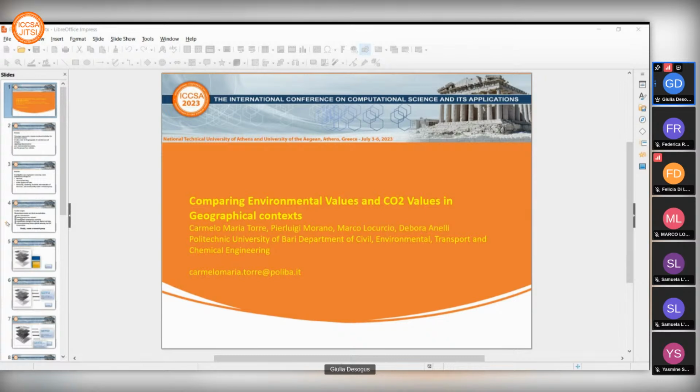But we also have a wooden area, and the wooden area is free. You don't have to pay, but you have to save the wooden area. So we can try to make a cost-benefit balance, to give a value in euros or dollars to how much CO2 we are preserving. So we put a number.